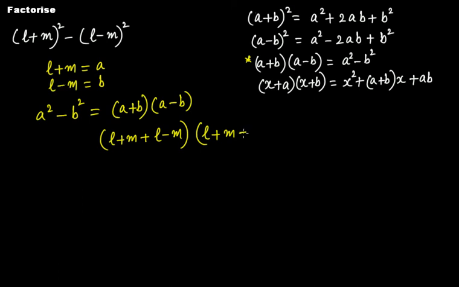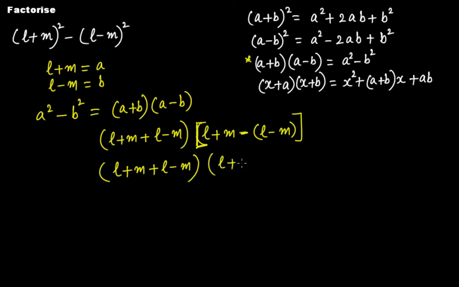But you have to remember one thing. Now here you have a negative sign. So first put this within the bracket, L minus m, because we have negative. Now you can open the bracket. So L plus m plus L minus m, and this is L plus m minus L plus m, right?